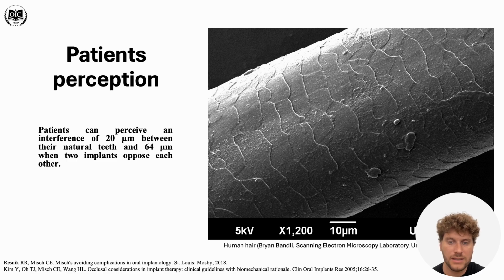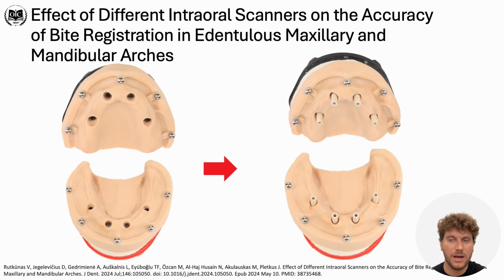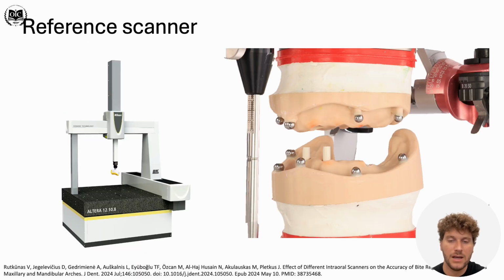To test these parameters, we came up with a quite extreme case, and we wanted to see how the scanners deal with both edentulous jaws and in the situation when we need to come up with maxillomandibular bite registration in these kinds of cases. Again, we had a really precise reference scanner that we used to scan both jaws and also an articulator.